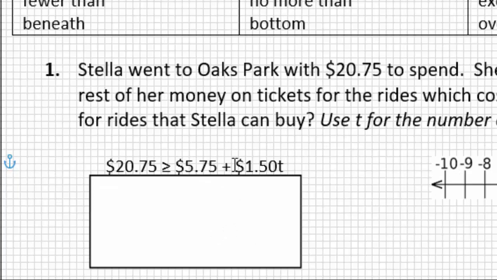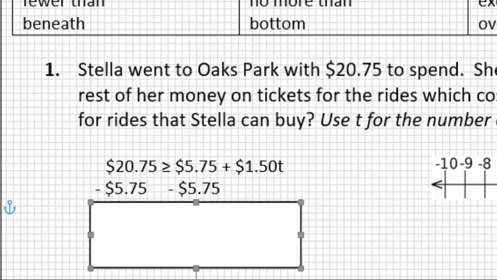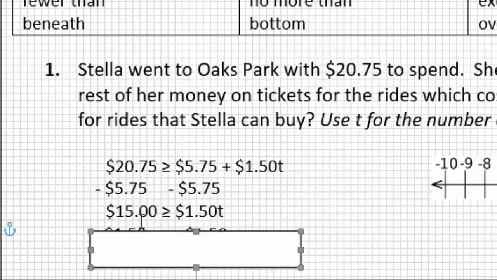Well, since $1.50t is the term with the variable, I work to first zero out $5.75, and I did so by subtracting $5.75 on both sides. That left me with $15 is greater than or equal to $1.50 times t.